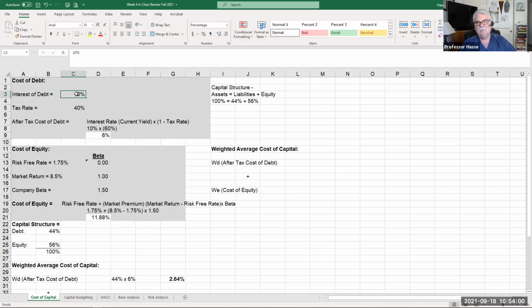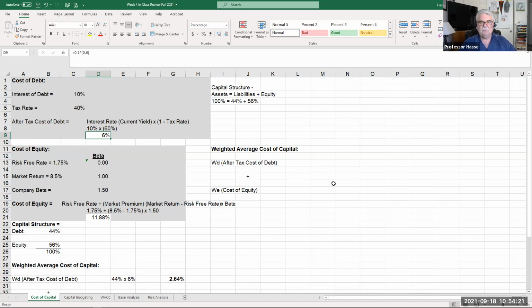So by taking the current figures as of today for this corporation, their current cost of debt based on their current credit situation in the market and their current tax rate, it's costing them 6% to borrow money. That doesn't mean it's going to cost them 6% in the future. Just as a snapshot on this day when they're doing this analysis, it's costing them 6% to borrow money long term.